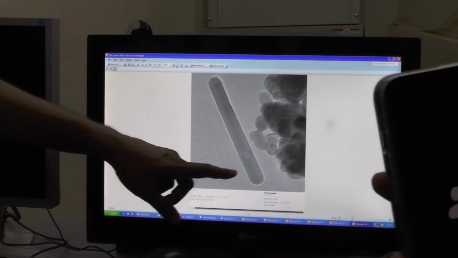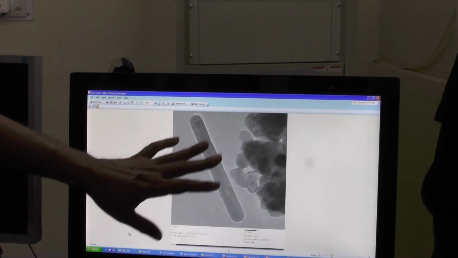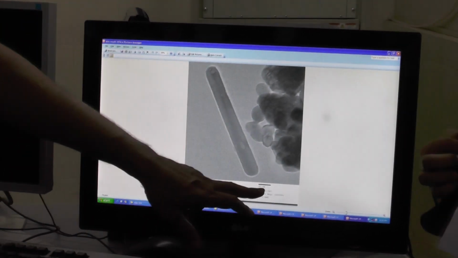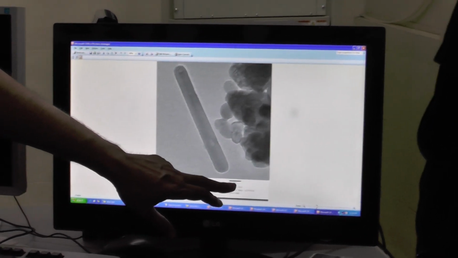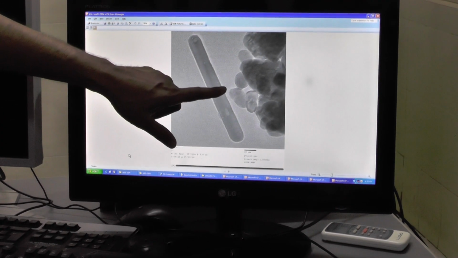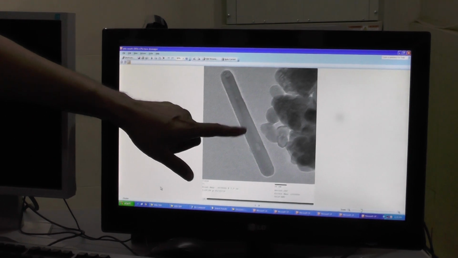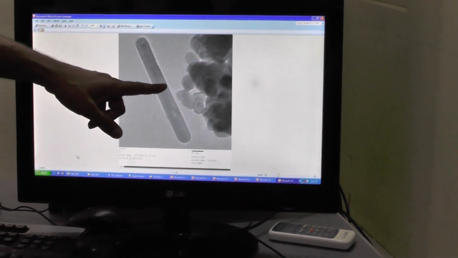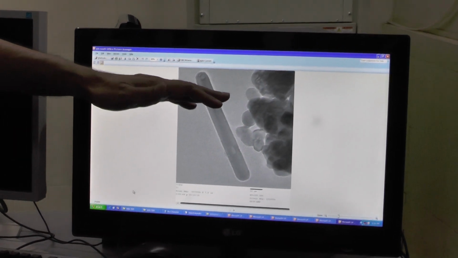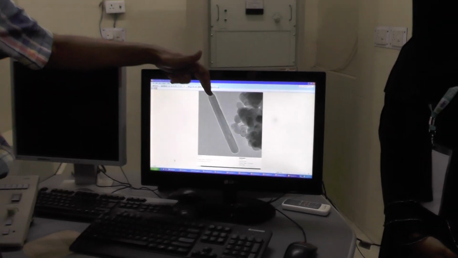So whenever you get it done, one very important thing is the scale. There is a scale, a line, and without this scale, the image is useless. Sometimes we have seen that when it is done from elsewhere, the scale is not provided. Because you have to compare this black line length with the structure, with the different shape of the image. If we compare this black line with the diameter of this tube, it is around the same size. So the diameter of this tube can be 20 nanometer, near about that, but the length could be like 300 nanometer.